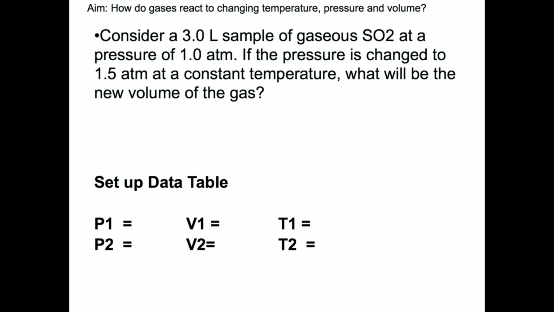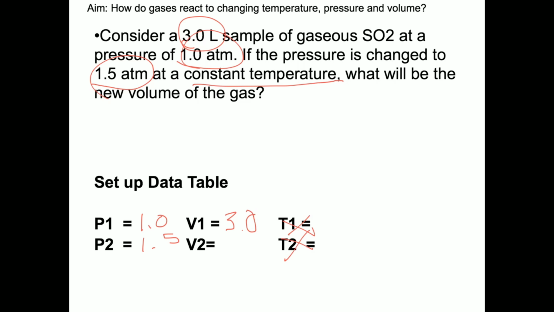Let's try this sample together. As we read, we are given 3 liters. That is volume 1. We are given gaseous sulfur dioxide, and the pressure is 1 atmosphere. That is pressure 1. We see that we are changing the pressure to 1.5 atmospheres at a constant temperature. Since temperature is constant, we're going to remove it from the equation.